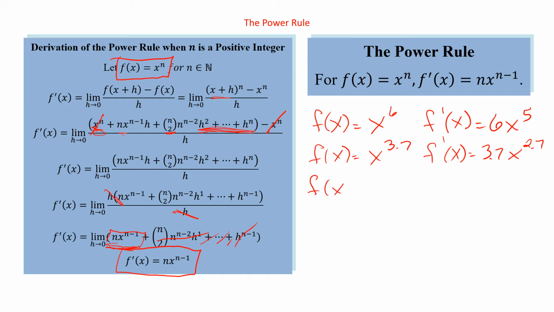f of x equals 1 over x squared, which in this case I would write as x to a power, because right now it's not written as x to a power. This is the same as x to the negative 2. So f prime of x equals negative 2 x to the n minus 1.